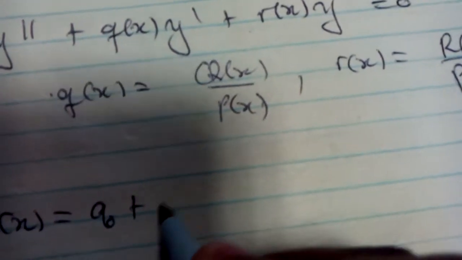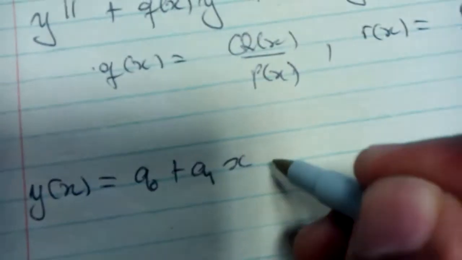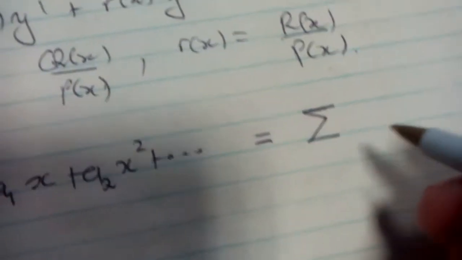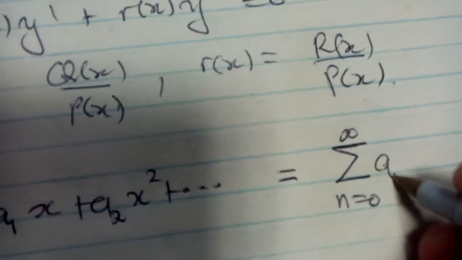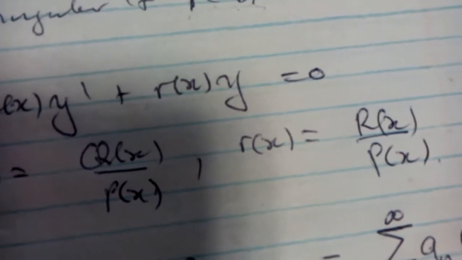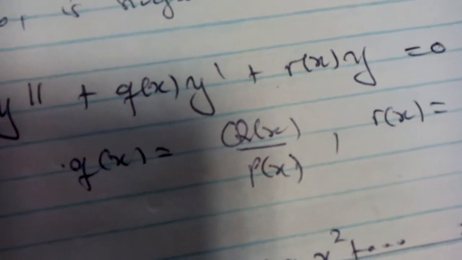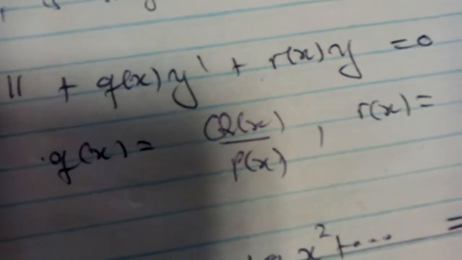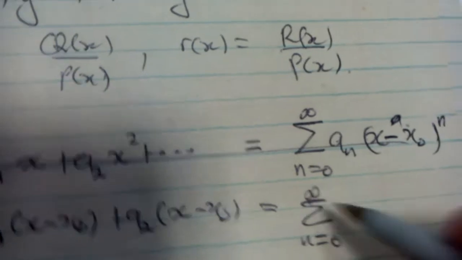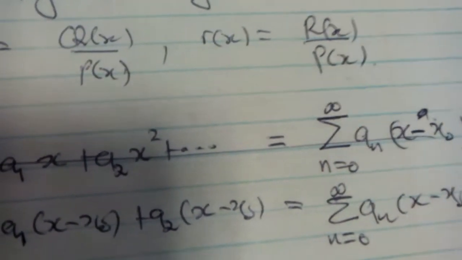Of x naught. Right, so we assume, or we search for a solution y of x, which is given by a naught plus a1 x minus x naught plus a2 x minus x naught squared plus on and on, so that this in compact form is given by the sum from n equal to 0 up to infinity of a n times x minus x naught to the power n, right?